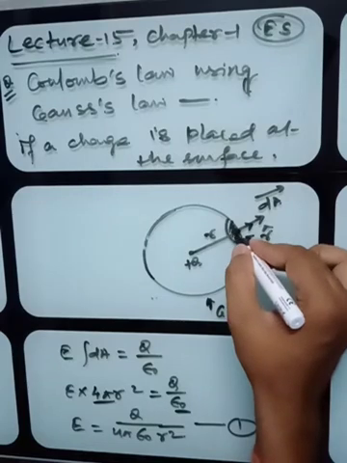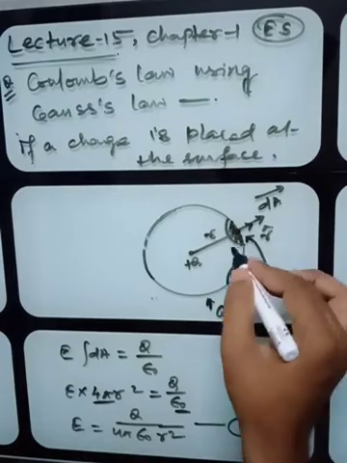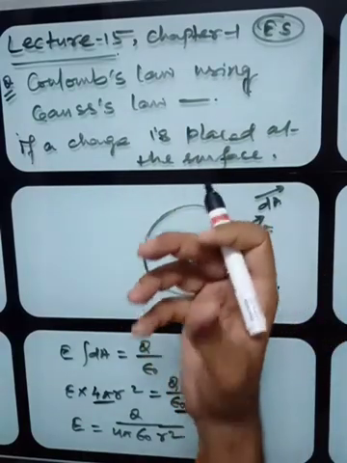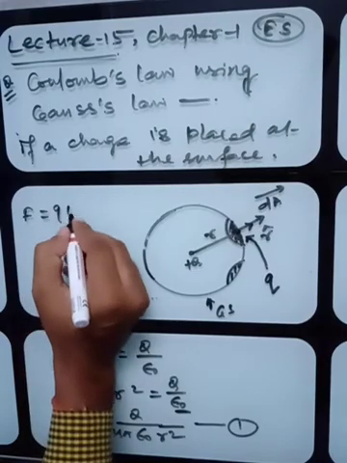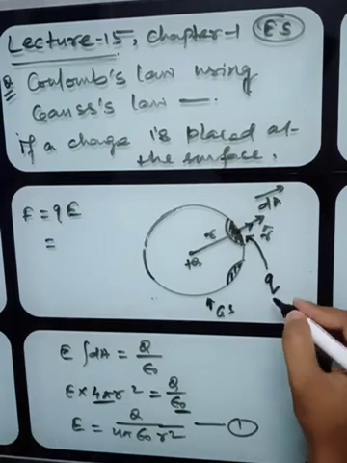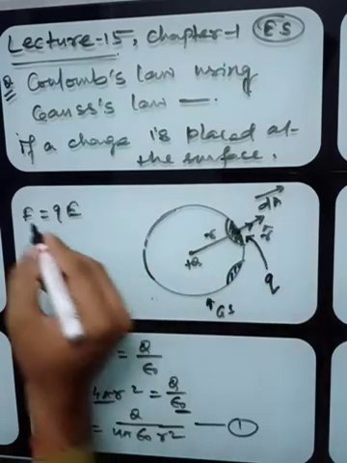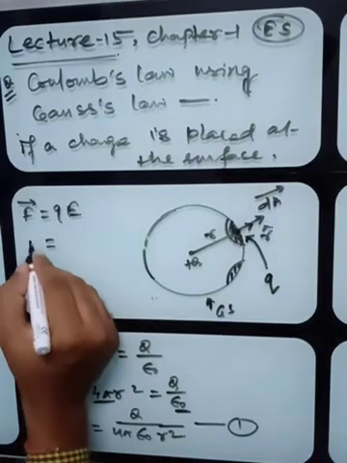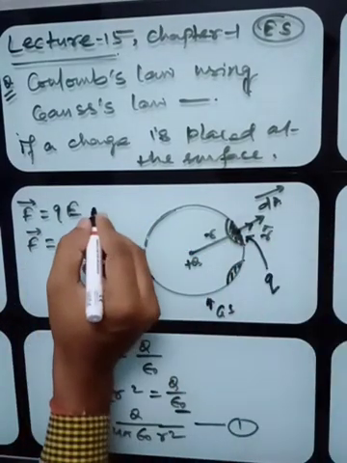Here the electric field is q by 4 pi epsilon naught r square. Any charge placed in an electric field experiences a force, and that force can be written as q times E, the field in which it is placed. Since it is a positive charge, the direction of force will be radially outward.